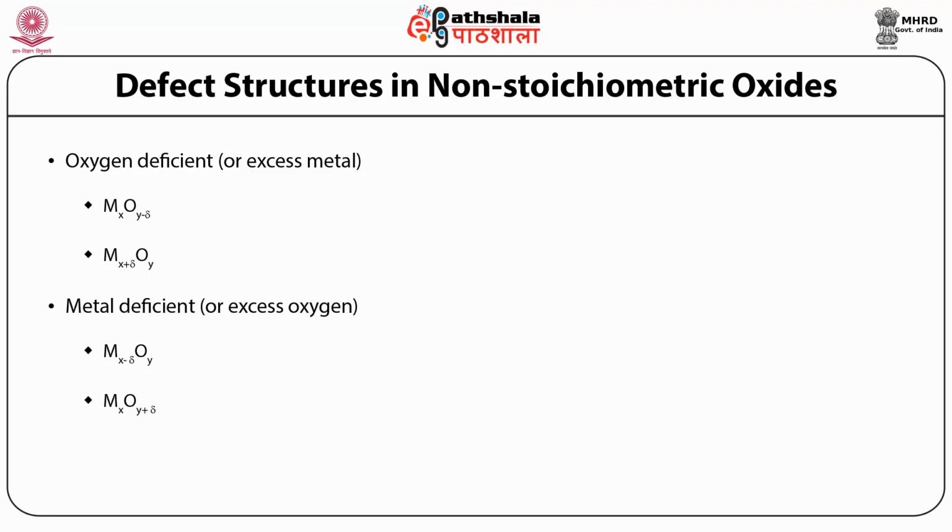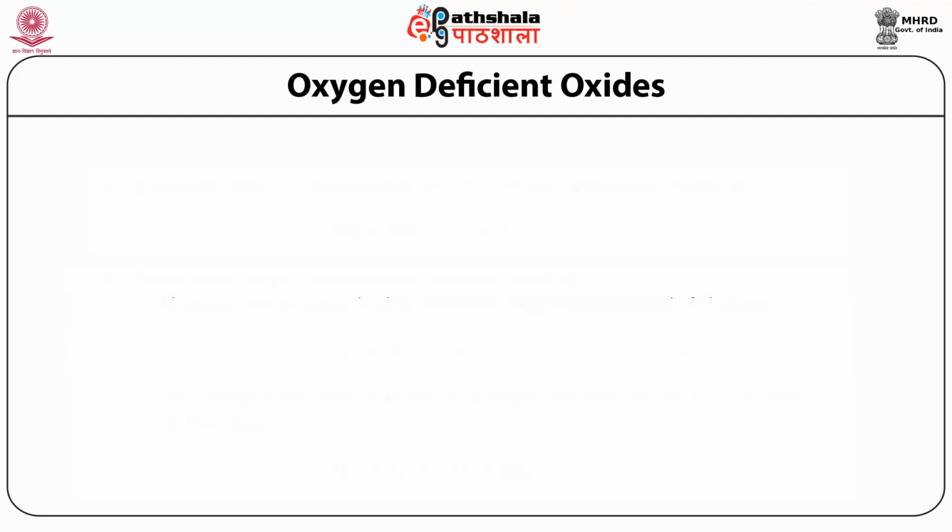Therefore, the oxygen deficient oxides can also be there, where the formation of oxygen vacancies or metal interstitials or both are possible. Now let us first discuss if the oxygen vacancies are the dominating defects, that is the oxygen deficient oxides.